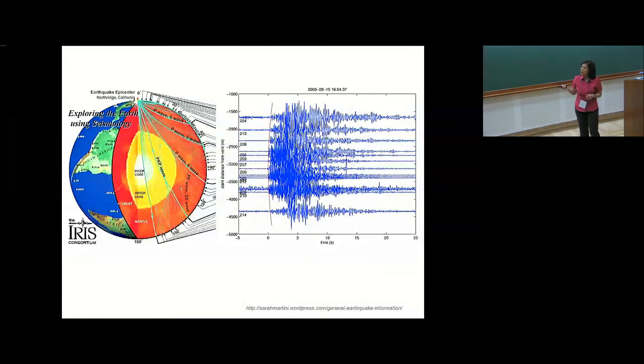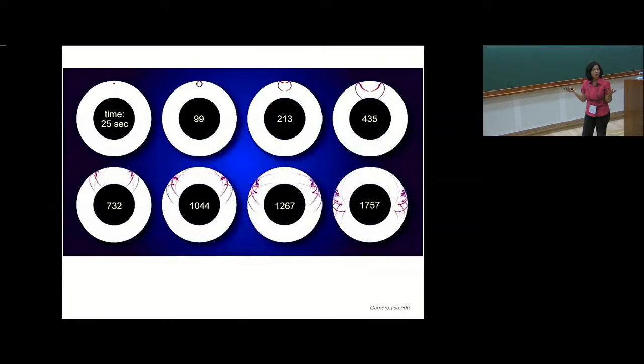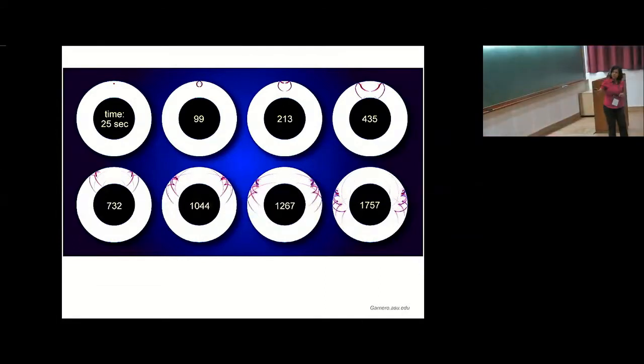Now here is more of a 3D view of what happens when an earthquake strikes. This red dot is where the earthquake originated, and this is 25 seconds after the earthquake has initiated. These are the different time steps. These numbers tell you the time in seconds since the earthquake originated. So this is 99, 213, and so on. You can see how the wave front is propagating once the earthquake is initiated.